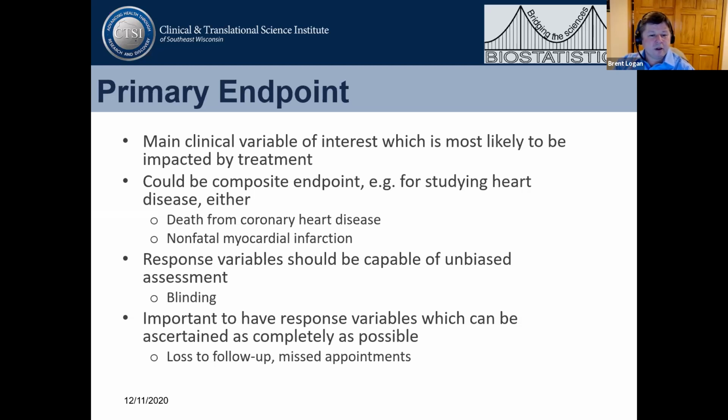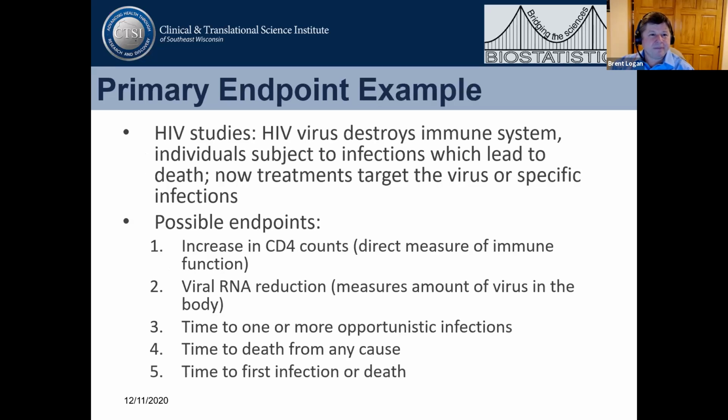You also want response variables that can be ascertained as completely as possible. You don't want a lot of issues with loss to follow-up, missed appointments, and so forth. If your endpoint requires complicated tests and procedures, you may have people not showing up for follow-up visits. So you want to keep that in mind.